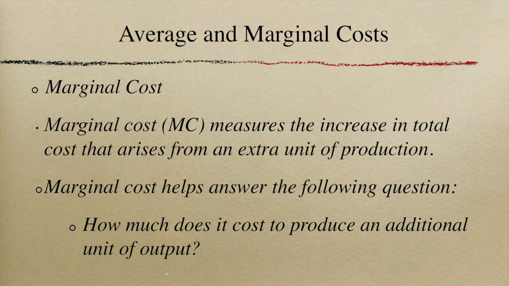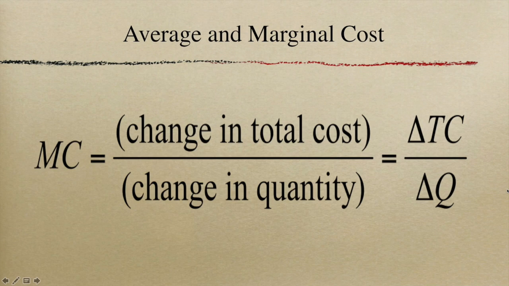Marginal cost tells us how much the next unit costs us to produce. How much are we going to spend to produce one more unit? This is really going to help firms decide whether or not they should actually produce. The marginal cost formula is the change in total cost divided by the change in quantity.